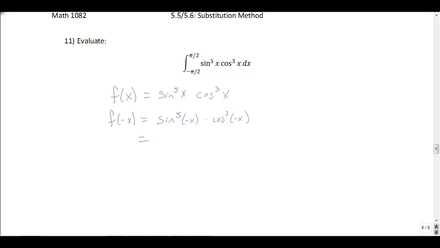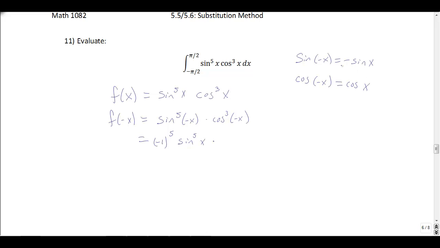Well, sine has a property that it's odd. So sine of negative x is negative sine x here. And if you think about that, that means I'm really going to get negative 1 to the 5th sine to the 5th of x. Cosine is even. That is, cosine negative x just equals cosine x.